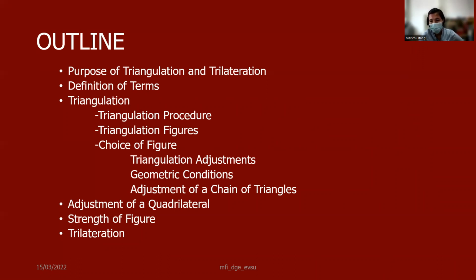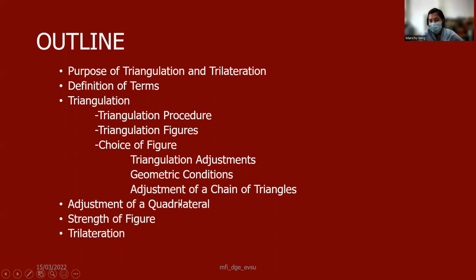We are going to design our network for the triangulation and discuss some adjustment. We already did the activity last time, where you adjusted some of the angles based on our lab exercise number 3, and the adjustment of the chain of triangles.